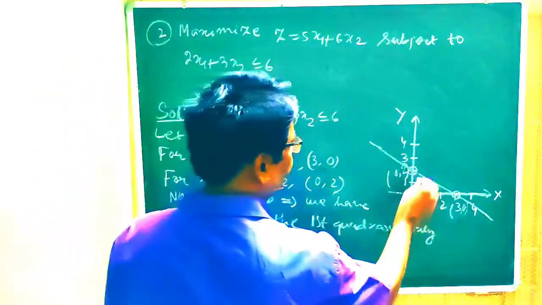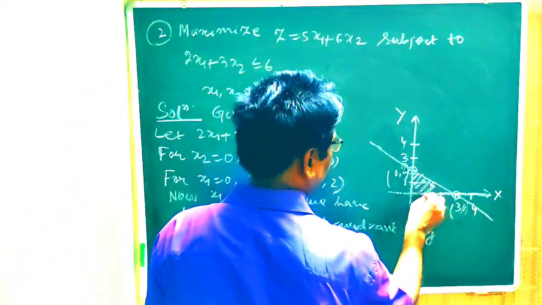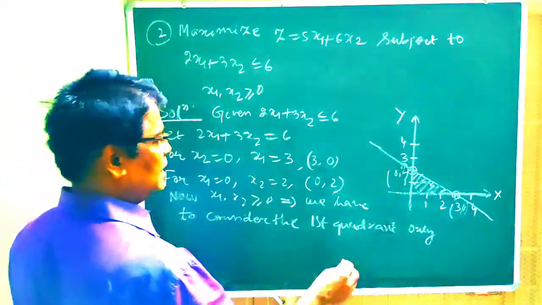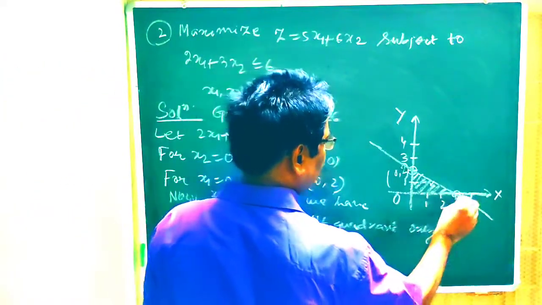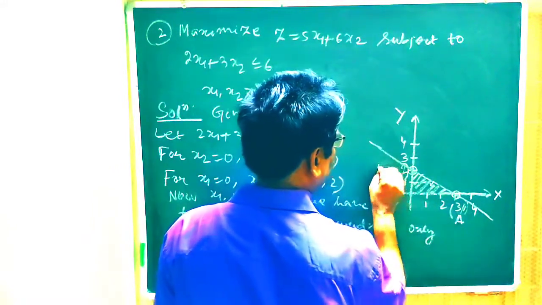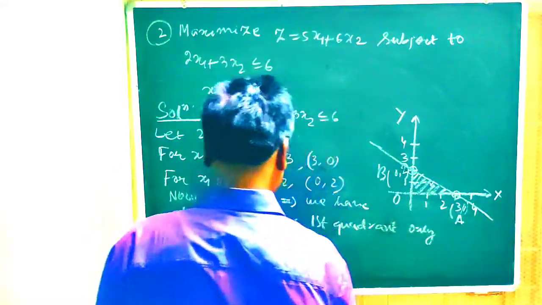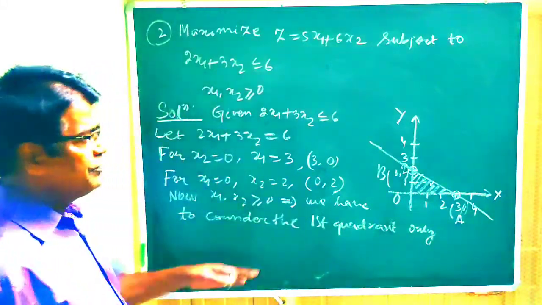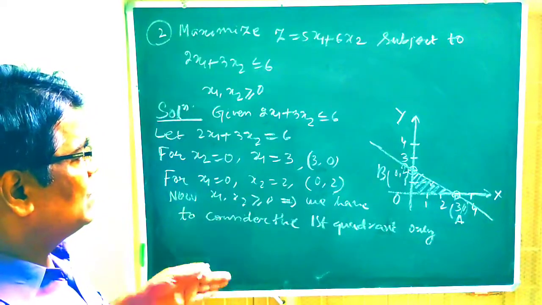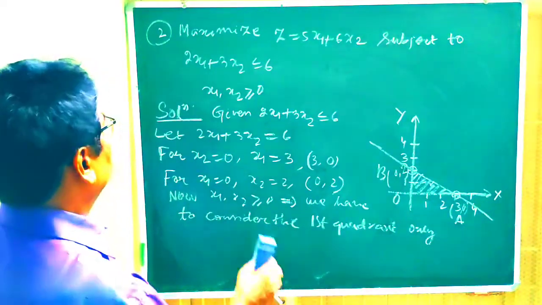Then our shaded region is the feasible region, having 3 points: 0, this point let us take A, and this point as B.